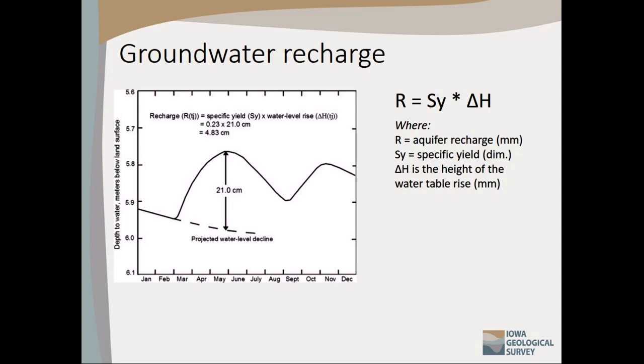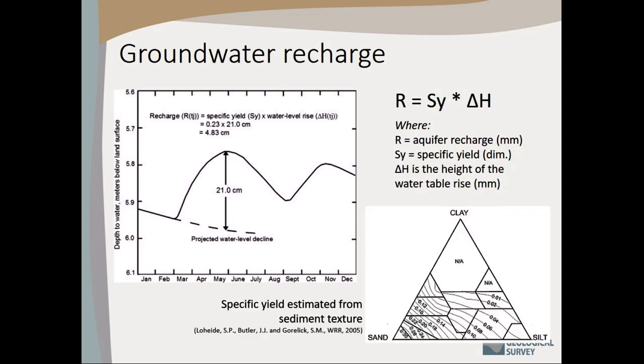We're only filling up the voids in the aquifer. That's where specific yield comes from, which is essentially how much of that aquifer void space is available to fill with water. So we multiply the water level rise, delta H, by specific yield, and that tells us how much groundwater recharge occurred to cause that water level rise.